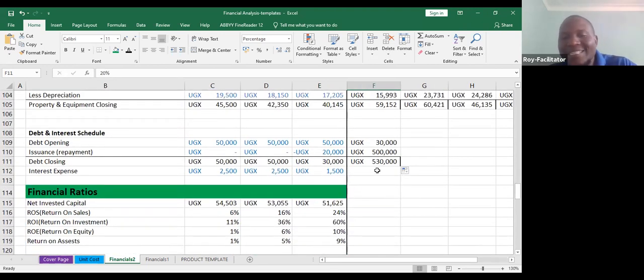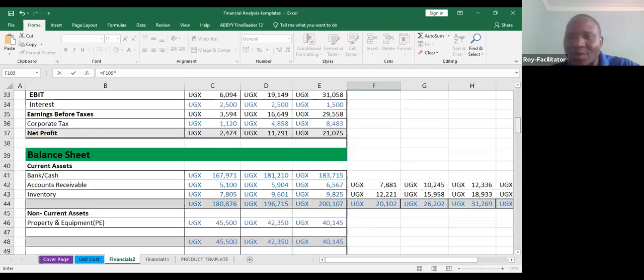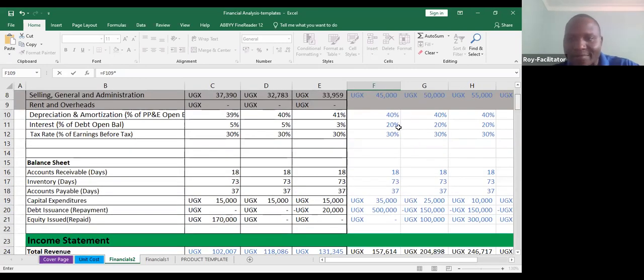But we calculate interest on the opening debt, so this equals the interest rate times the opening debt, because we cannot predetermine at what point we are getting this money, whether at the beginning or the end. So it's easier to compute from the opening debt. Our opening debt is 30 times 20% here.